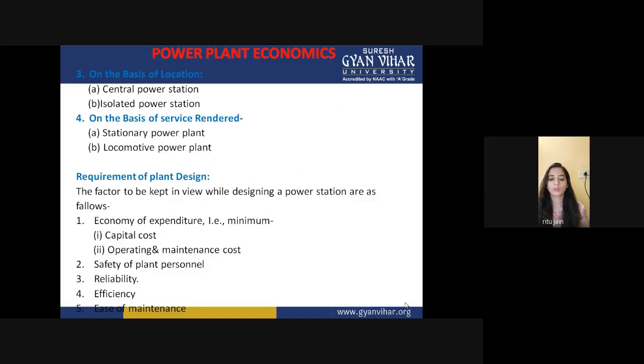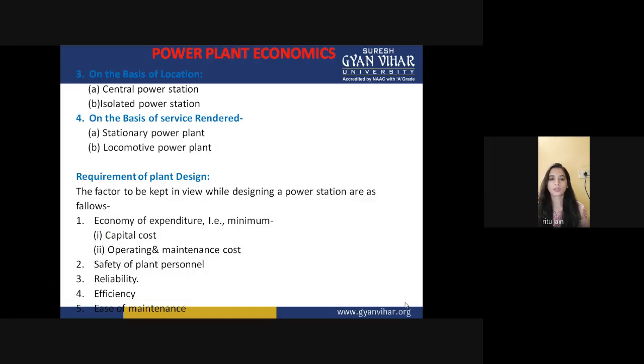So when you are constructing or setting up a power plant, the cost which you are going to expend to purchase the land and other things comes into the category of capital cost.